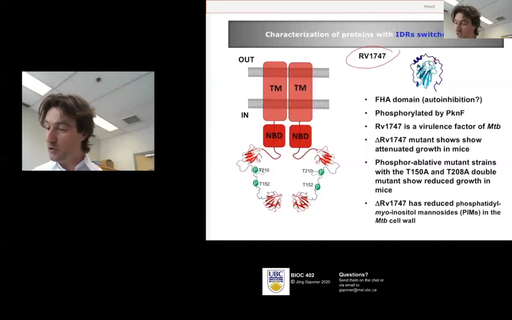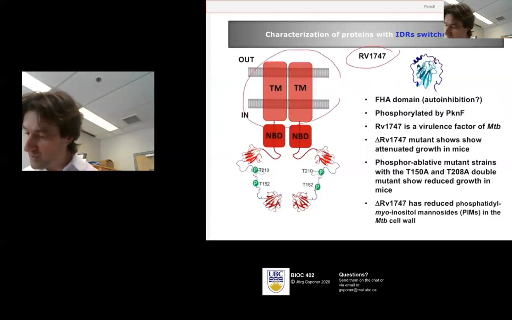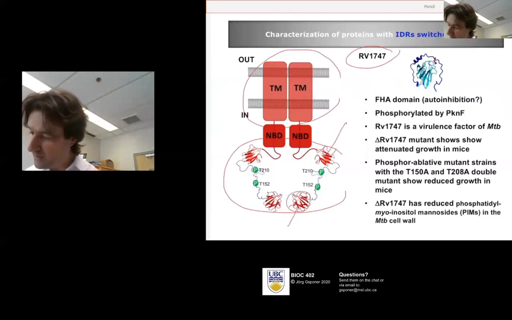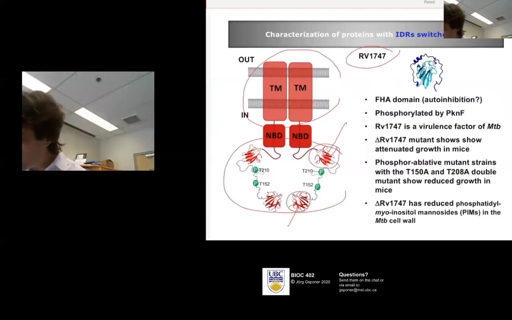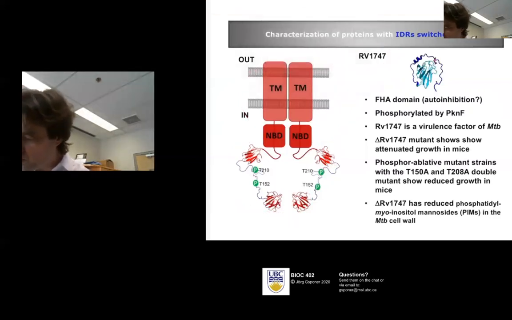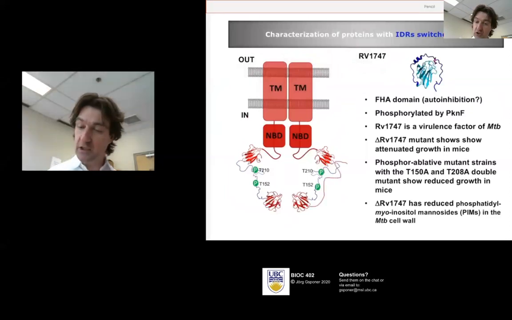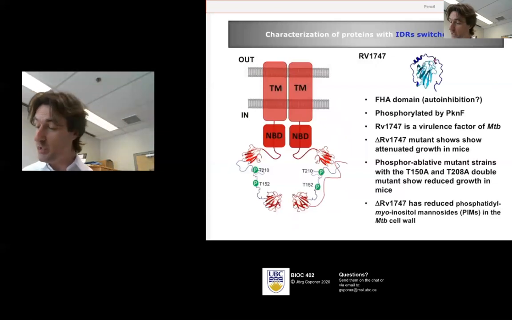We got interested in this protein because this transmembrane protein has a cytoplasmic region that consists of two so-called FHA domains. These are the red domains here. And in between those two red domains, we have a very large intrinsically disordered region shown in blue.